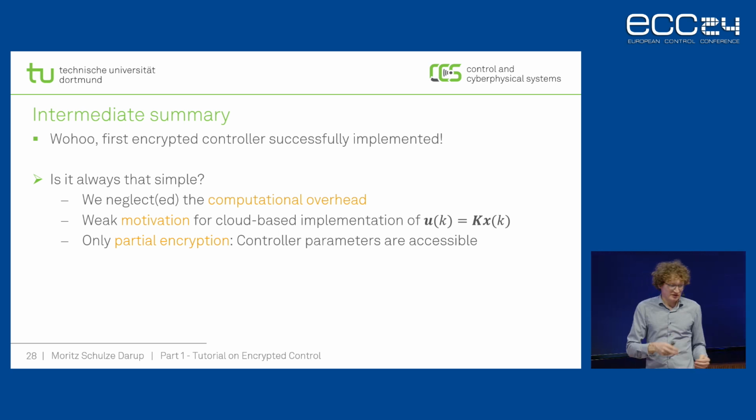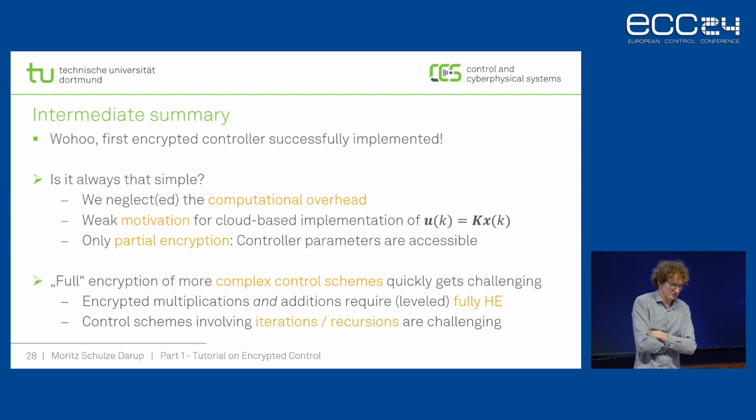Okay, and then, as I mentioned earlier, we only have a partial controller encryption here. So the controller parameters k are open, plaintext and accessible, and maybe that is also something we worry about. Nicely, you can also realize the scheme if you say, I worry about my controller, but I don't worry about the privacy of my states.